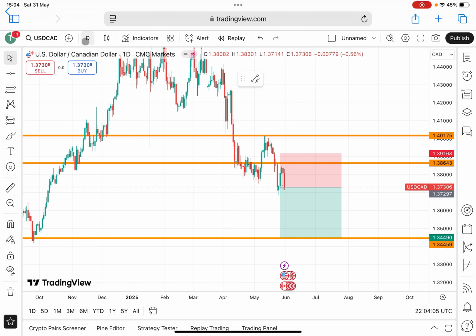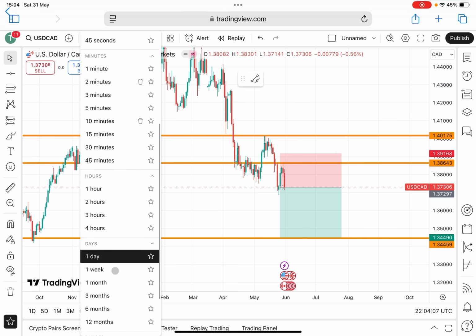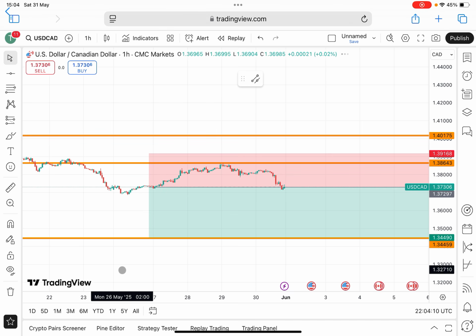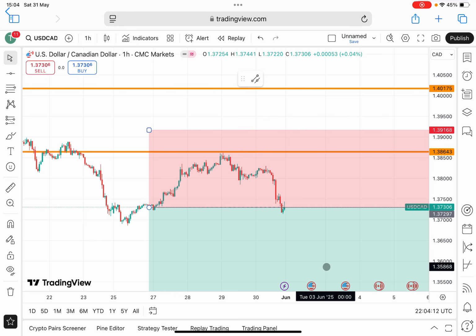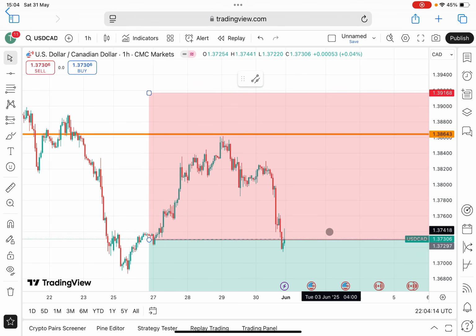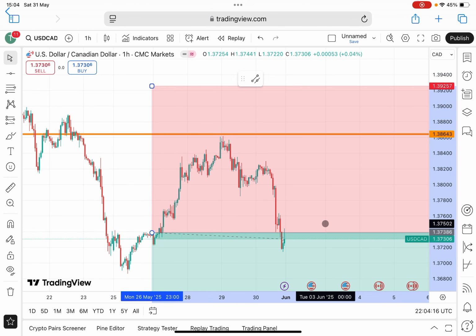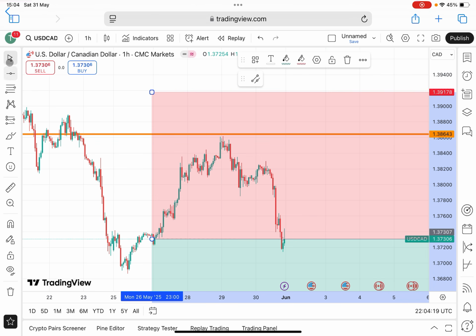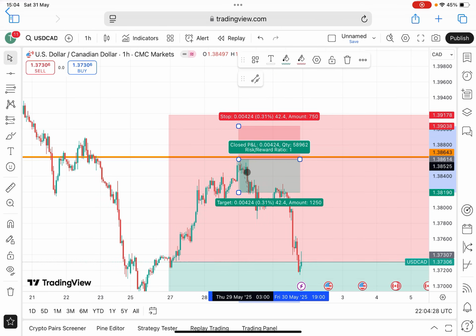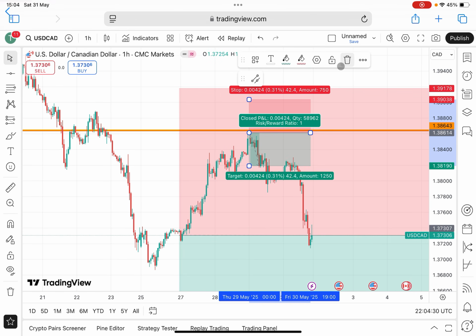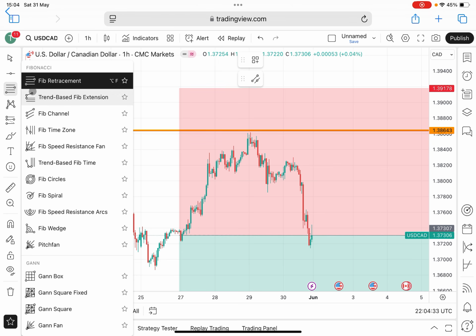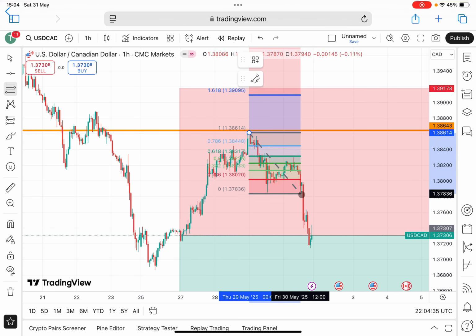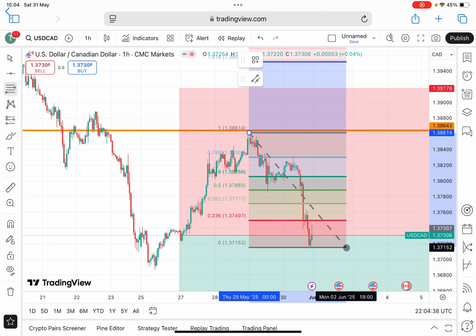So that's why I said sometimes for me, even if I want to trade this, I may go down to the 1 hour time frame to see if I can get a little pullback before entering. And this is what I mean. Instead of entering at the current market price, I may decide to use the Fibonacci to see if price will pull back a little bit, unless I don't mind risking that much stop loss.